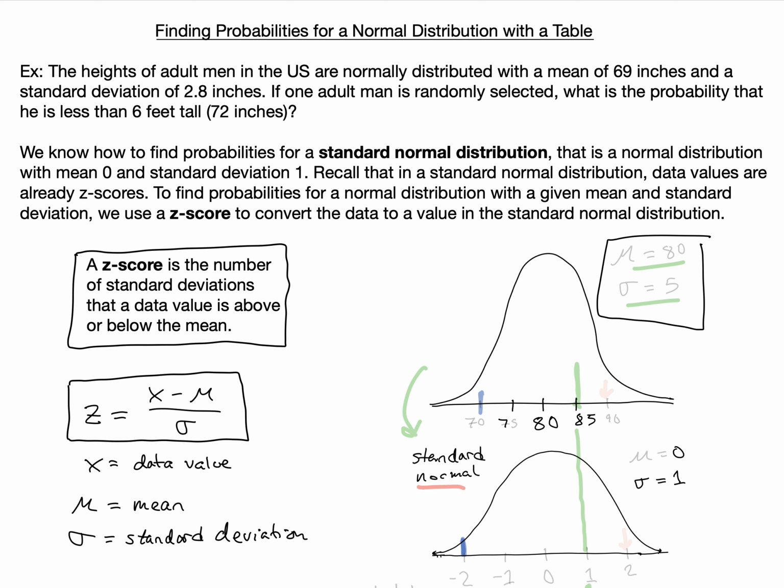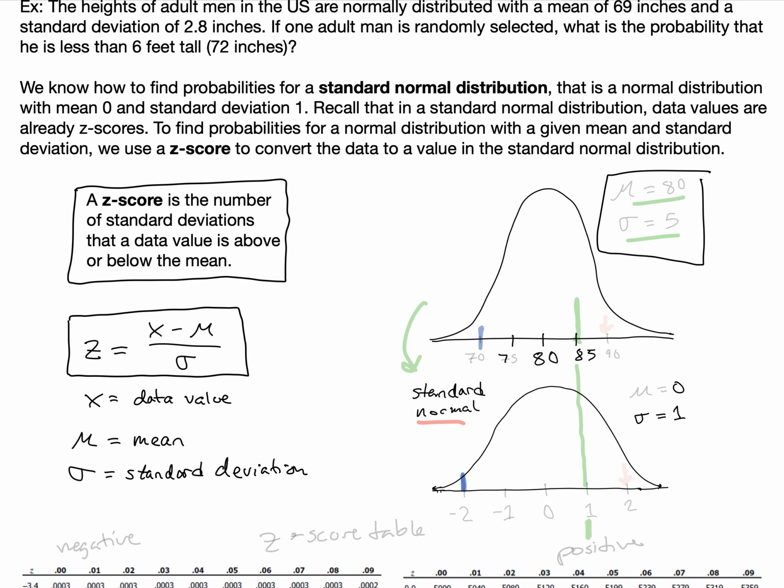And it takes any normal distribution, like this normal distribution with mean 80 and standard deviation 5, and converts it to a standard normal distribution. So if a value is, say, 2 standard deviations above the mean, then it would be converted to a z-score of 2 in the standard normal distribution.